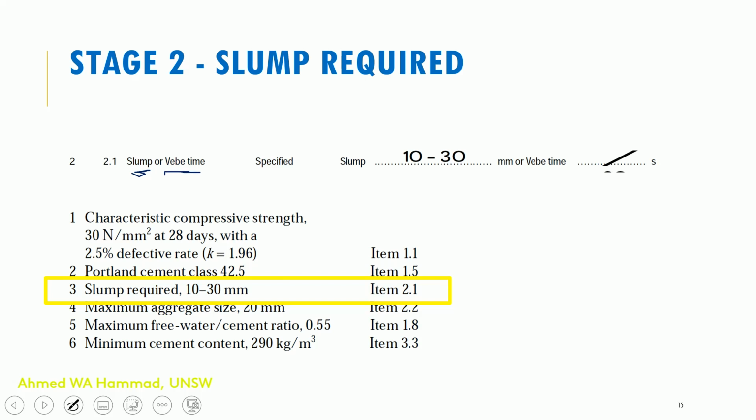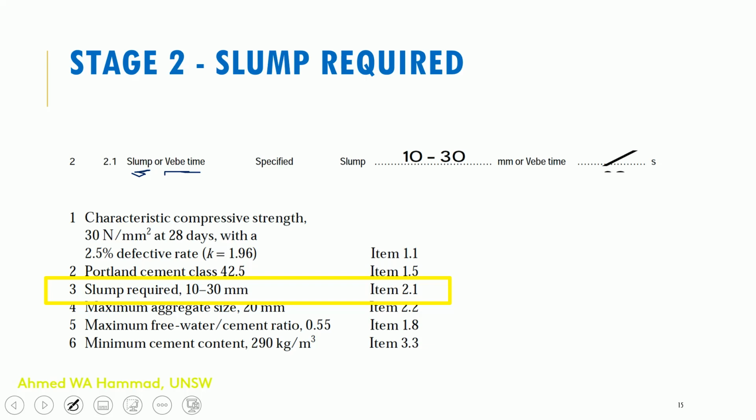Now the VB time is associated with this vibrating machine, where you conduct your cone test, and then once you remove the cone, instead of measuring the slump directly, you vibrate it, and then you assess the time that it takes while the vibration is on for the slump to create a flat surface on the top. And then that time becomes a measure of workability.